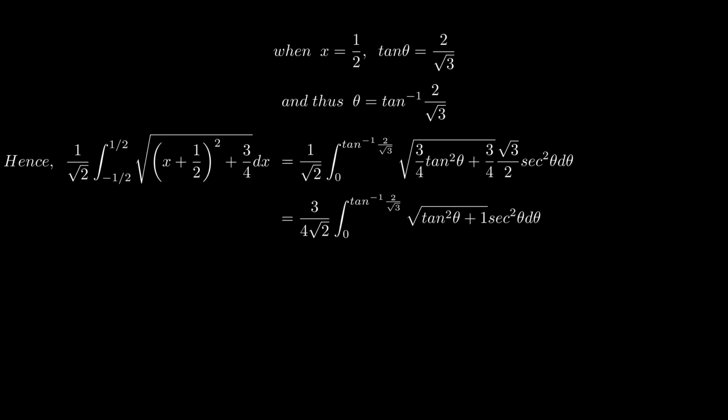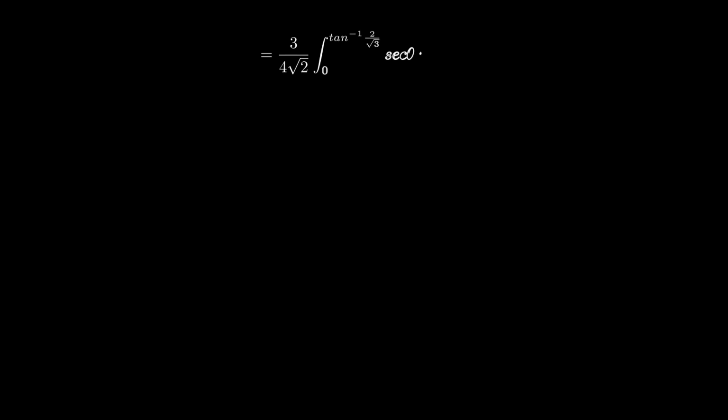And now we can pull out the constants, which is root 3 over 4 root 2, and then the integral part becomes tan squared plus 1, which is equal to sec squared theta. Square root of sec squared theta is sec theta, and therefore it becomes root 3 over 4 root 2 times the integral of sec theta times sec squared theta, which is sec cube theta.